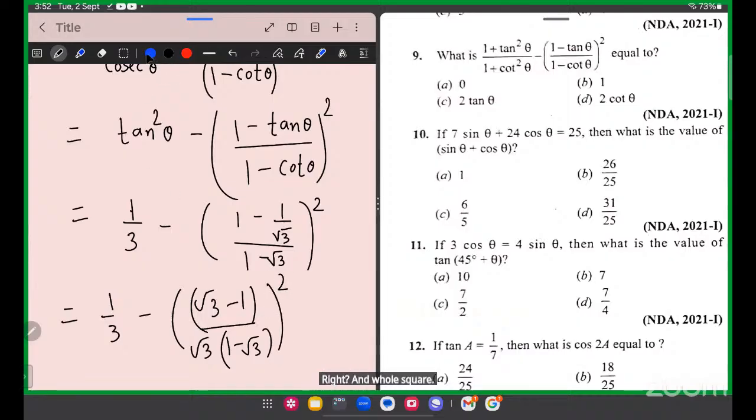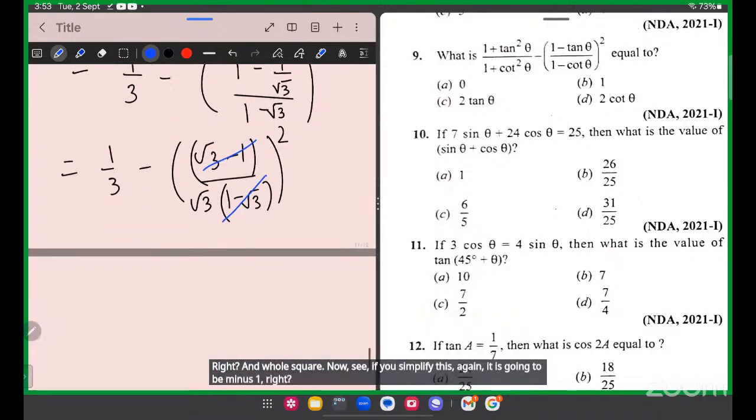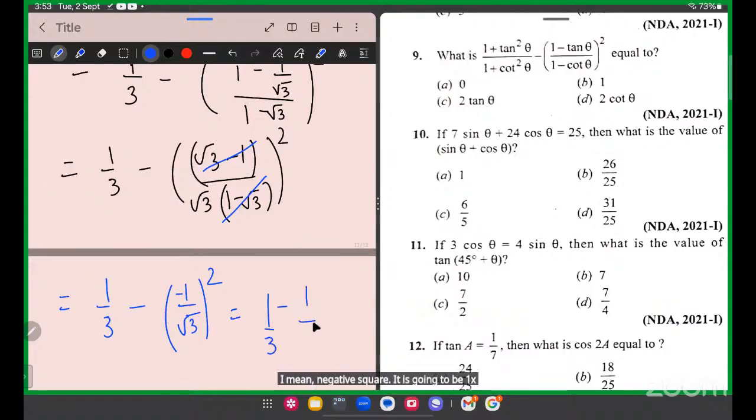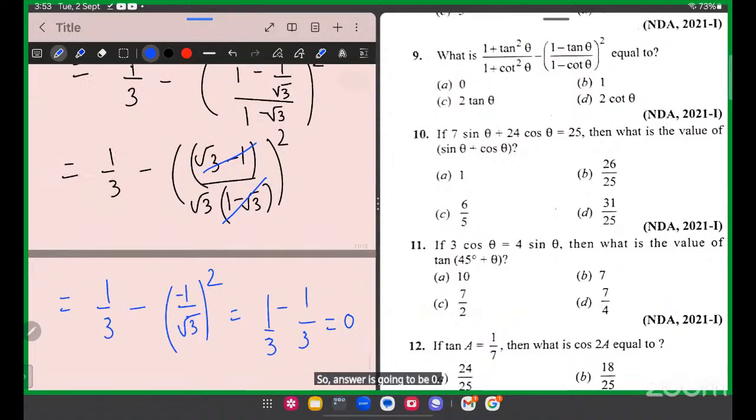Now see, if you simplify this again, it is going to be minus 1, right? So the answer is 1 by 3 minus 1 by 3, which is 0. So the answer is going to be 0. I hope it is clear.